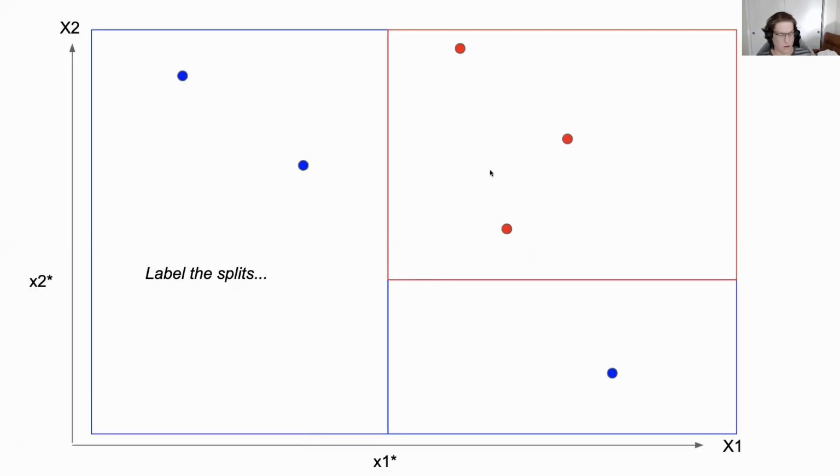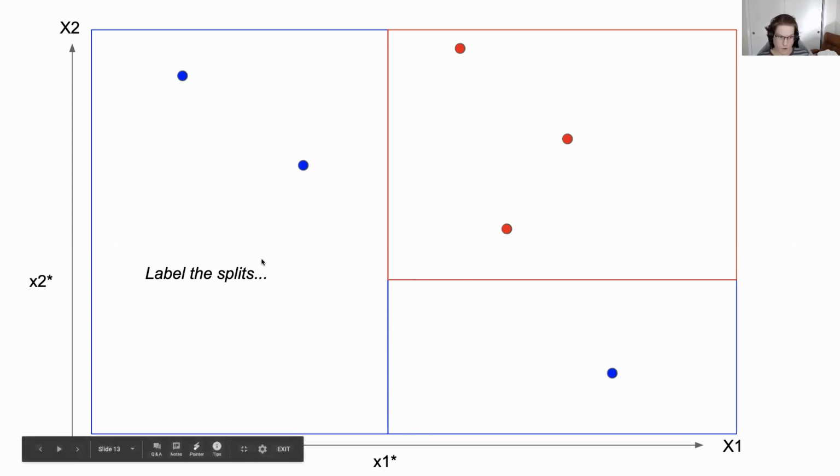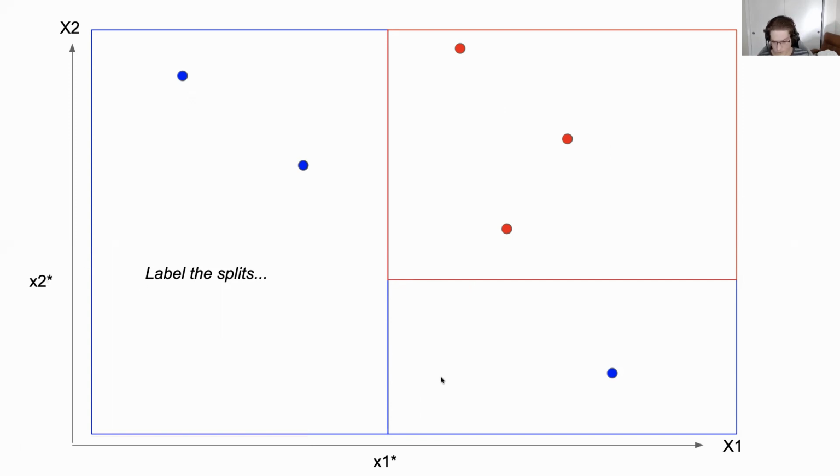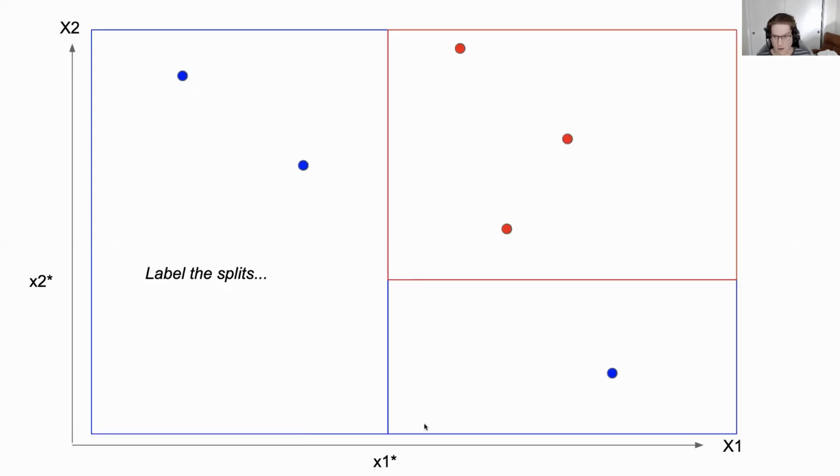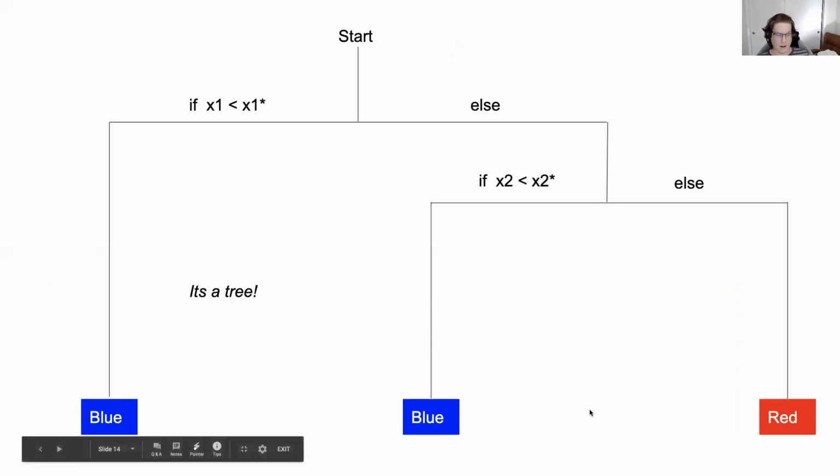And then you look at the other split. Anything below x2 star, this particular value of x2, we go to the left, getting blue. Anything above that value, we go up, or in the view of the tree to the right, and we categorize as red. And that's really it.